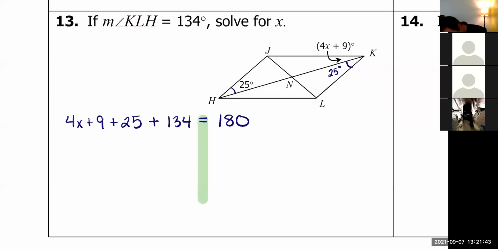Well, if I combine like terms, 9, 25, and 134, 168. So I get 4x plus 168 equals 180. Subtract 168 from both sides.